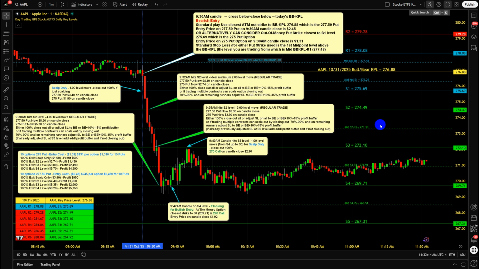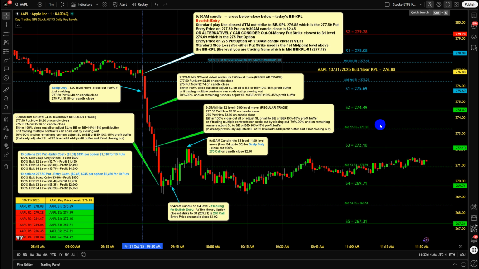Okay, so the midpoints serve a couple of different purposes. The midpoints are not there to take trades off of, like the main levels. The midpoints can serve as stop loss levels for bullish and bearish trades off of various levels. They also serve as continuing momentum gauge levels.